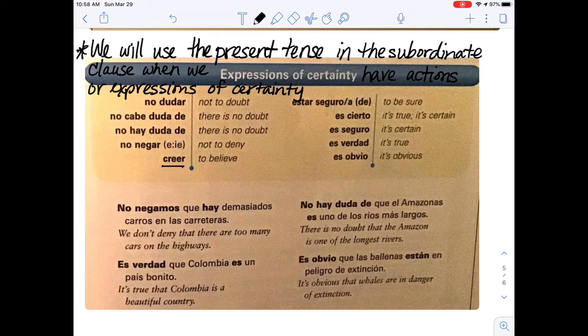Okay? So we're looking at this, and we're looking at some of the other verbs and phrases here. And we can see in this first example, no negamos, okay? So we do not deny that. And then notice here, this is the present tense.